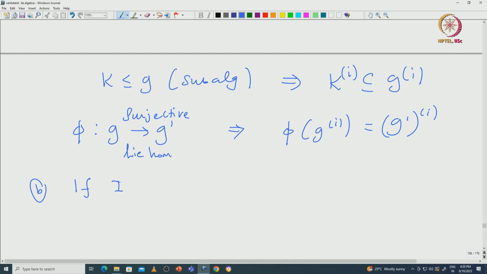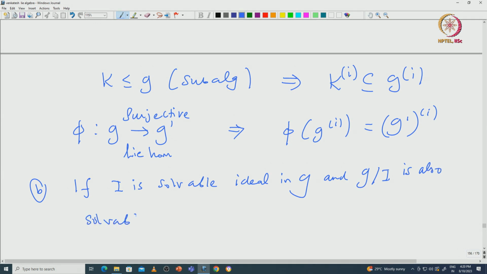If I is a solvable ideal in G and G mod I is also solvable, then we can say that G must be solvable.